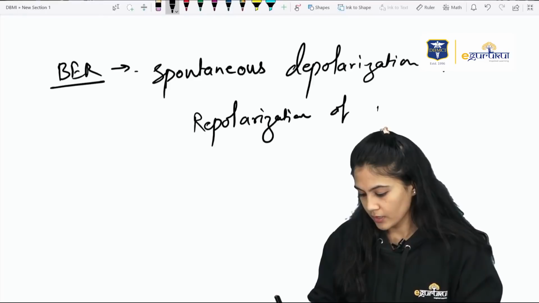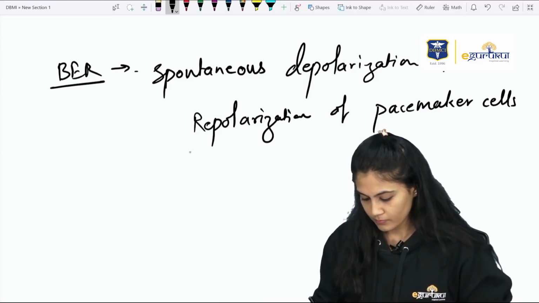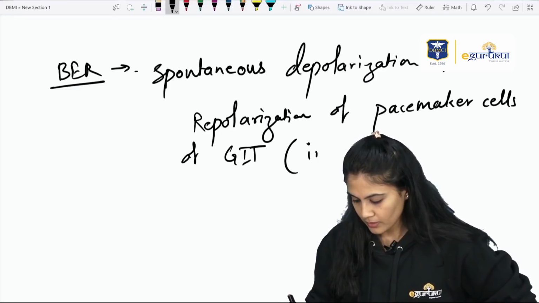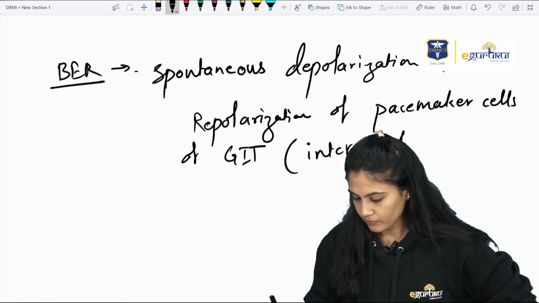Of the pacemaker cells of the GIT, that is nothing but the interstitial cells of Cajal.